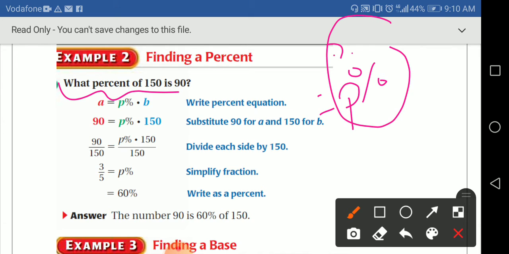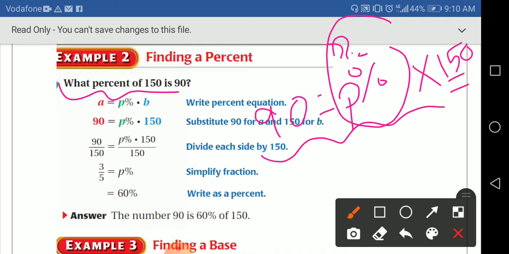Of 150, so this is the base, is 90. So this will be my rule, and I substitute what he asked: the required percent times 150 equals 90.